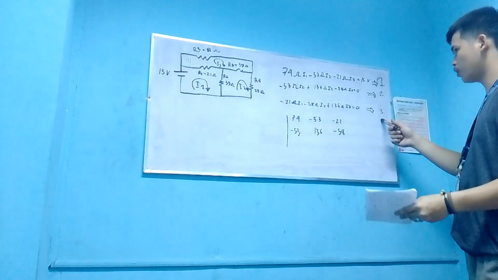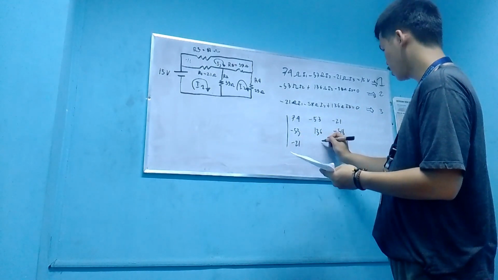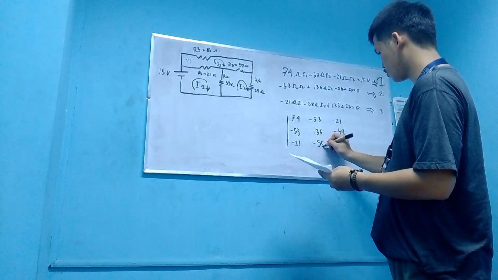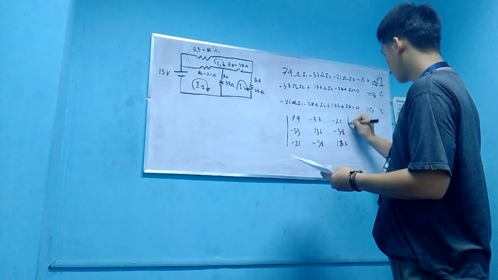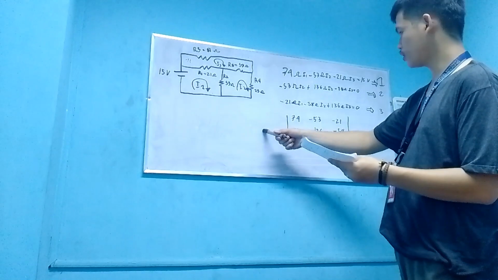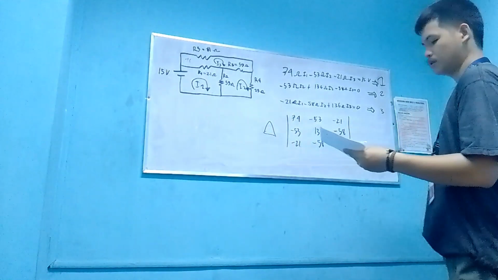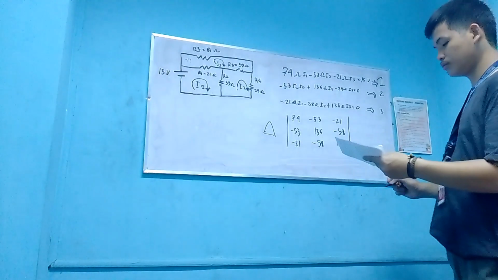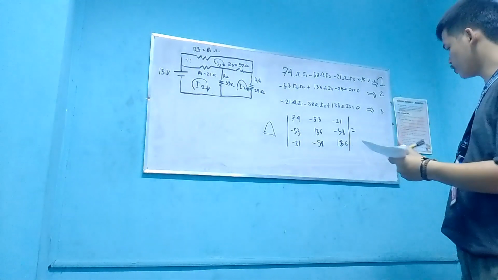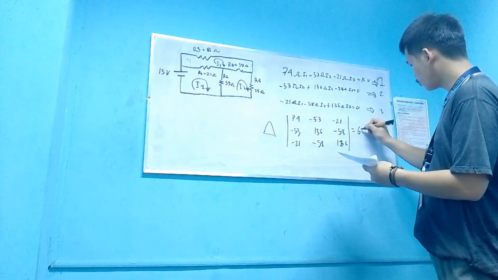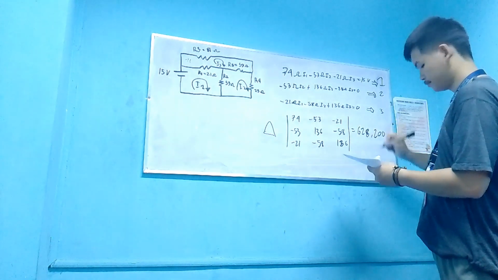Then our equation 3 or our loop 3 is negative 21 and negative 58 and 136. So this is our delta. By using matrix method, that's a value of 628,200.